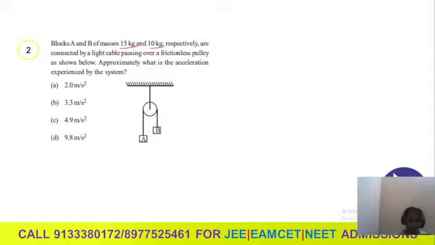So this result we have already derived in the previous slide. You can take the direct relation. That is, acceleration is equal to the mass of block A minus that of B, here they are saying A is 15 kg. So 15 kg moves downward, and B moves upward.